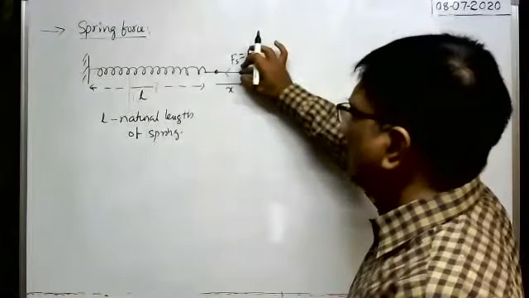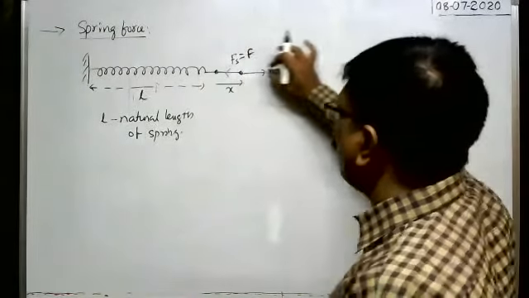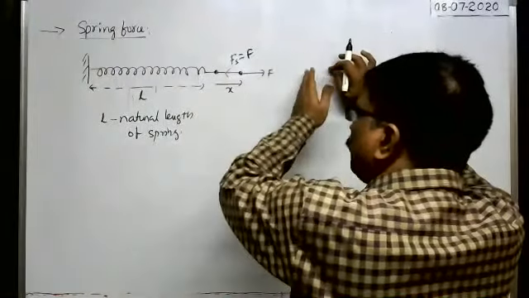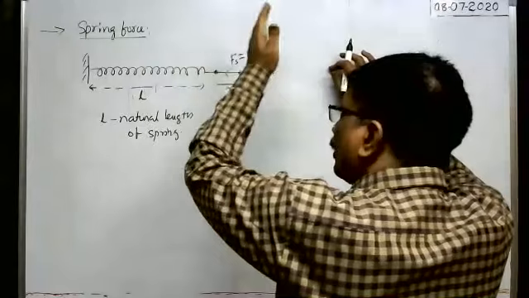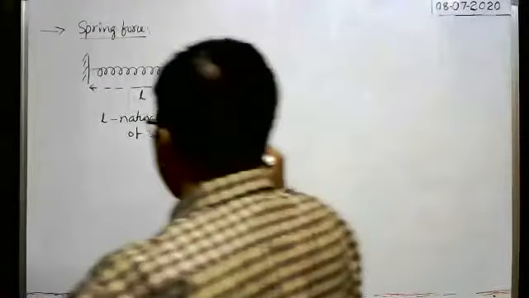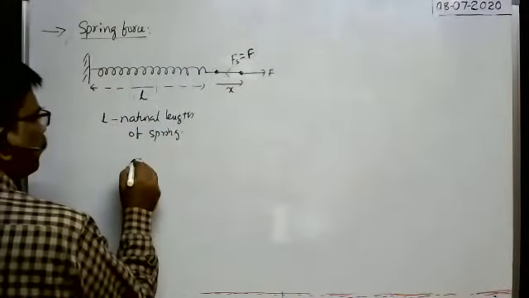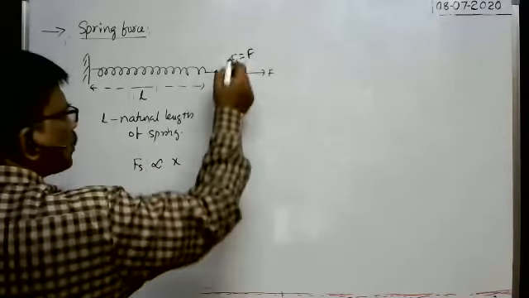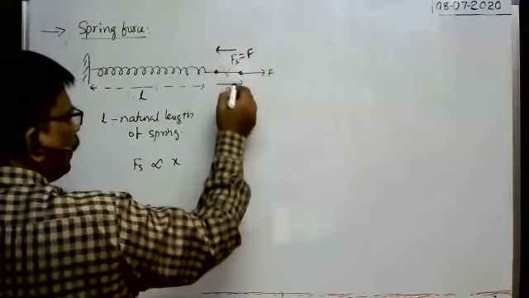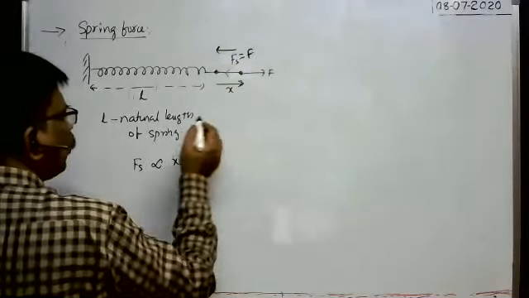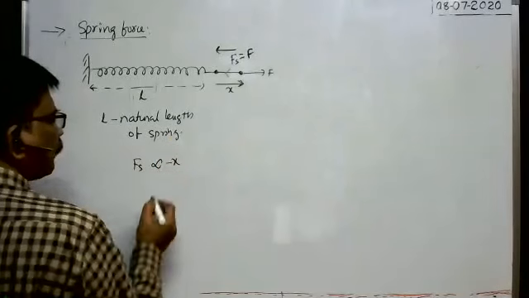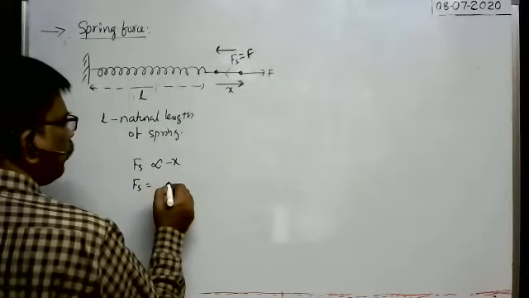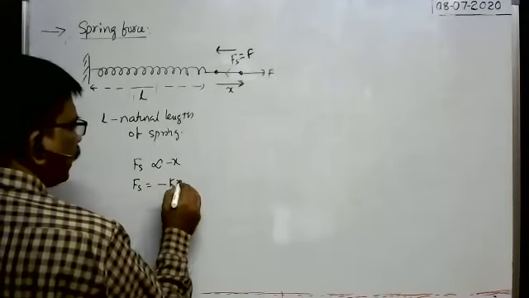If you pull the spring with more force, more extension takes place, and when you remove the external force it comes back to the original position, meaning more spring force is developed. That's why it was observed that the spring force is directly proportional to the extension of the spring. But the spring force is in this direction, whereas the extension is in this direction. Both are in opposite directions, so you have to put a minus sign. Spring force Fs is equal to minus k x, where k is a proportionality constant.